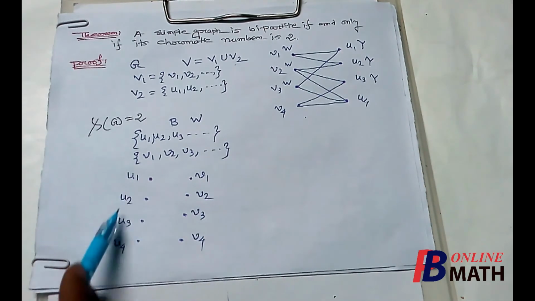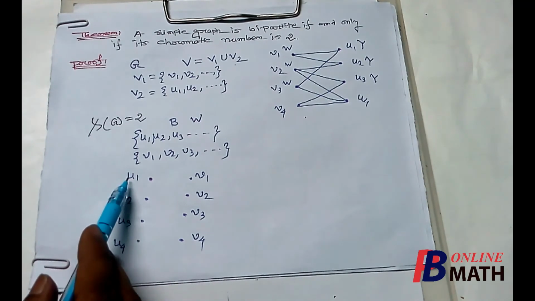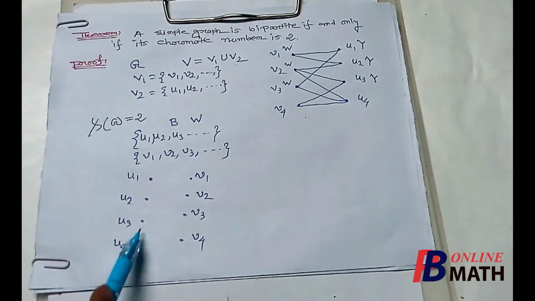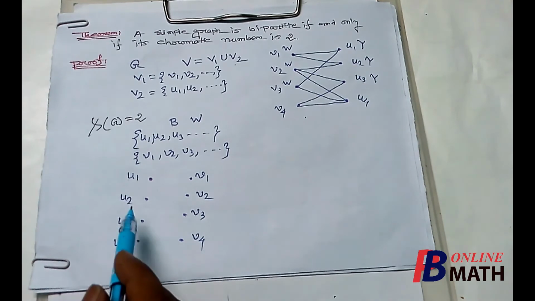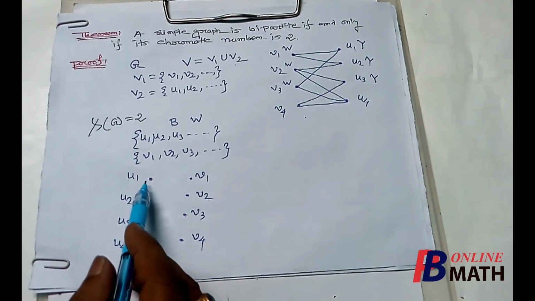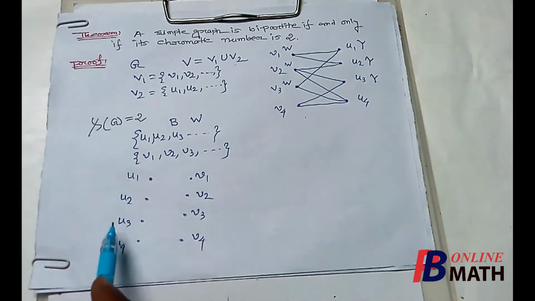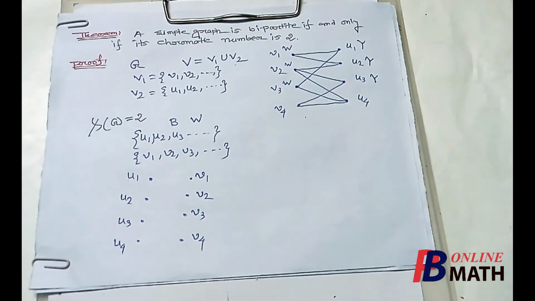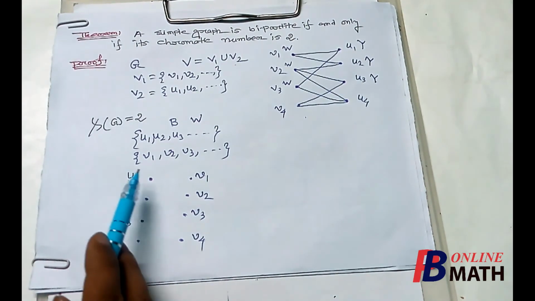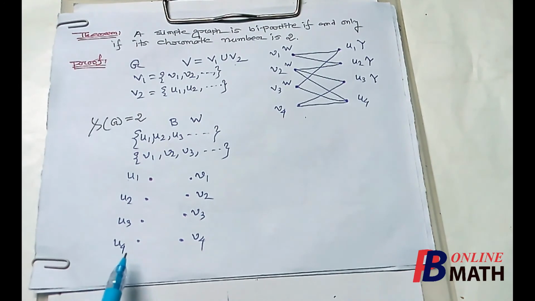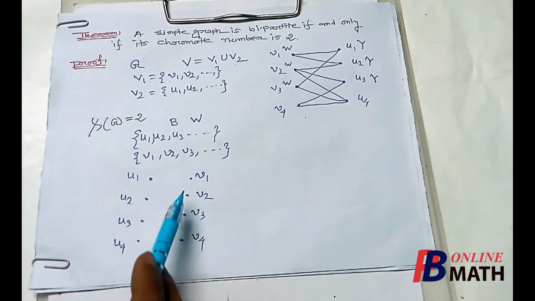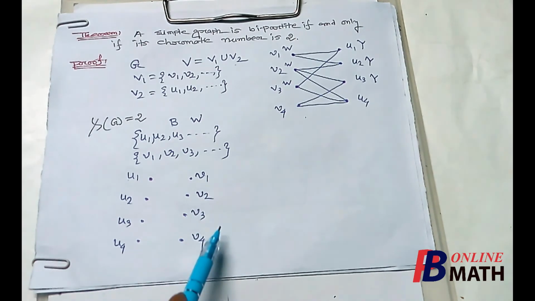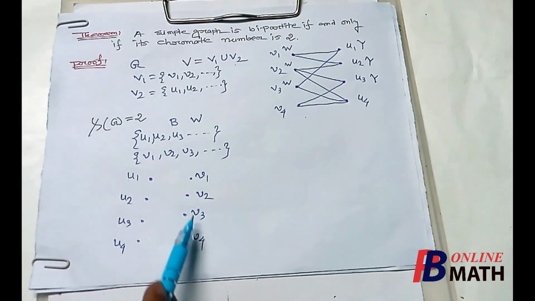That means no two vertices of U1, U2, U3, etc. are adjacent, because if they were adjacent, they could not be assigned the same color. So all the vertices U1, U2, etc. are not adjacent. Similarly, the vertices V1, V2, V3 are assigned the same color white, so no two vertices of V1, V2, V3 are adjacent.